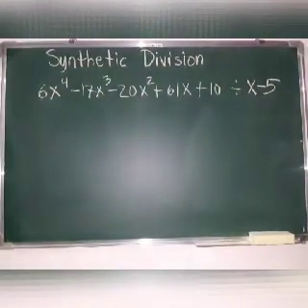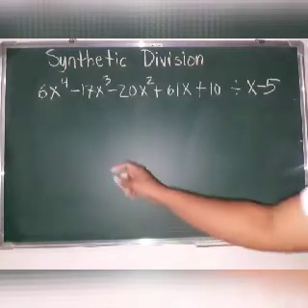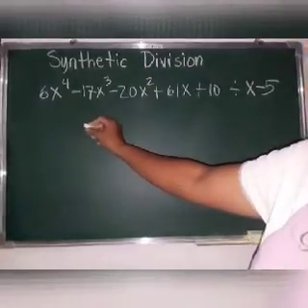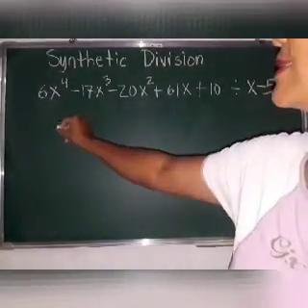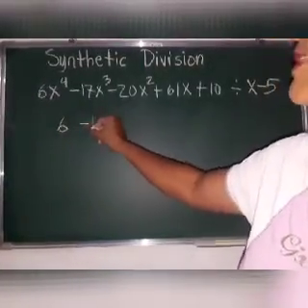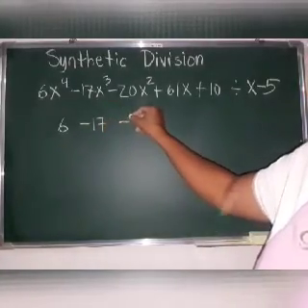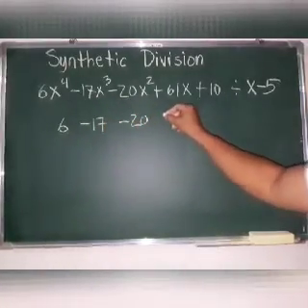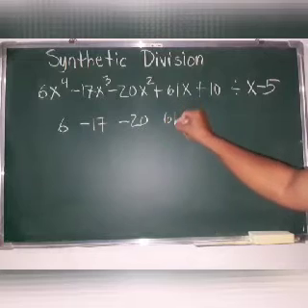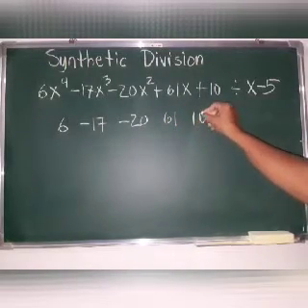Okay, so example number 3 we have here. 6x to the 4th power minus 17x cubed minus 20x squared plus 61x plus 10 divided by x minus 5. Again, first step, sulat natin ang numerical coefficient. We have 6, negative 17, negative 20, positive 61, and positive 10.